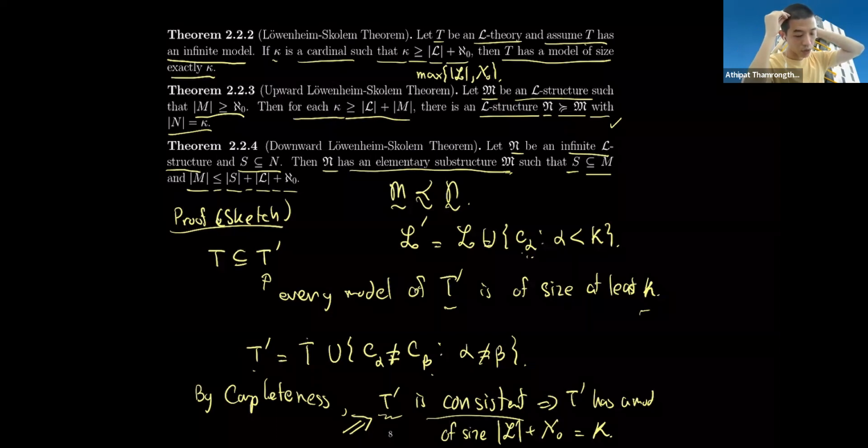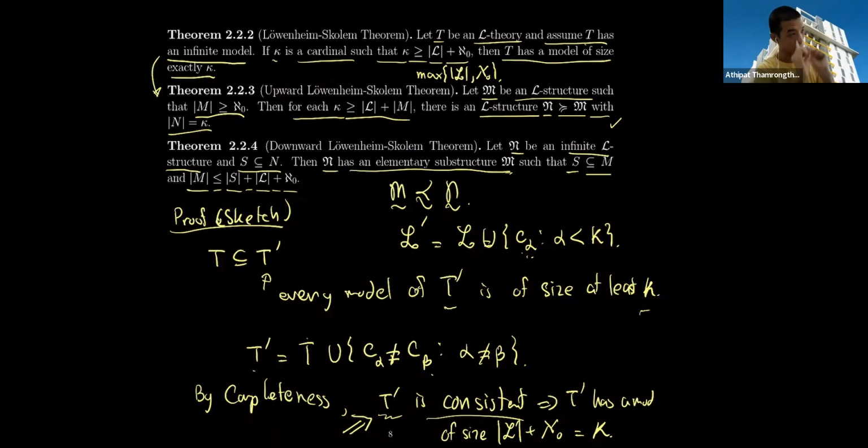So there are three types of Löwenheim-Skolem theorem. The first one implies the second one, and for the third one you need a little bit more construction to get that, but I'm not going to go into the detail here.